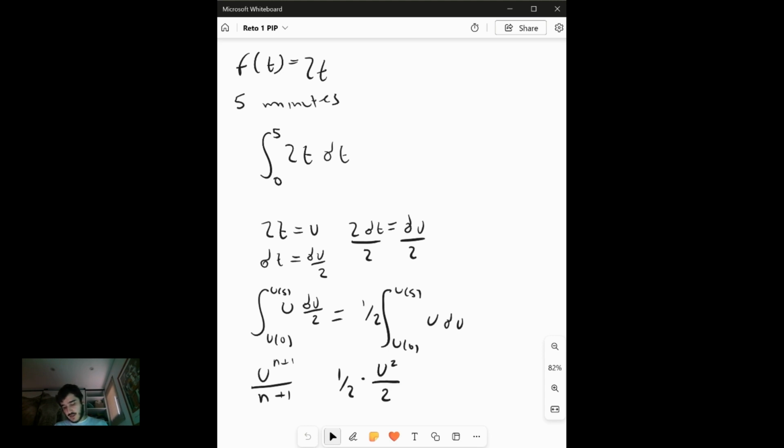And this is going to be from u of 0 to u of 5. And now we have to solve this, but it's kind of ugly, right? So we should replace the variable back to t so that we can have the same limits as we had before. So let me erase all of this so we can have more space.